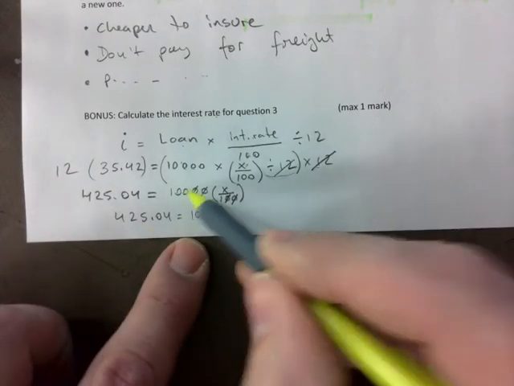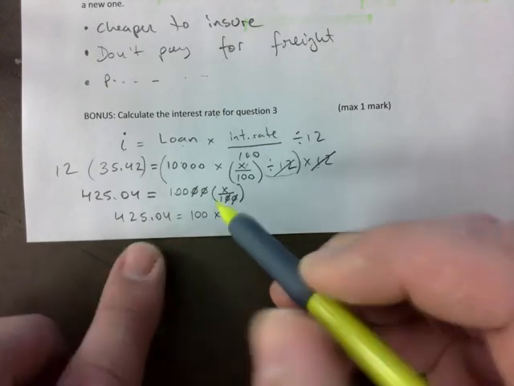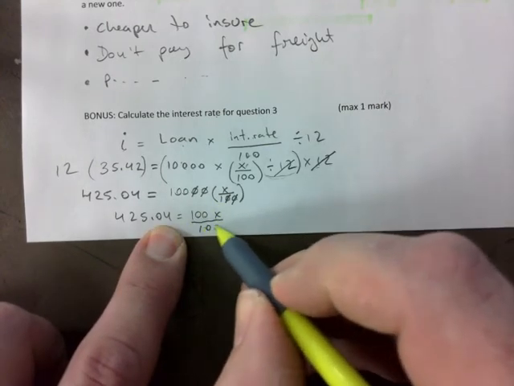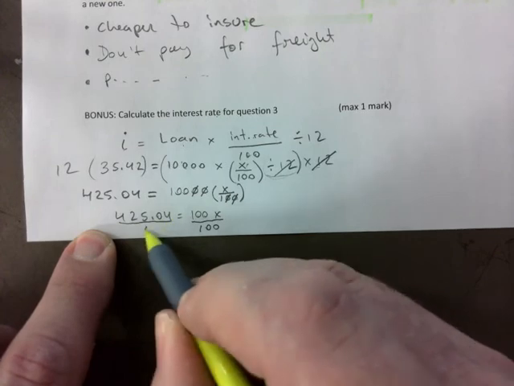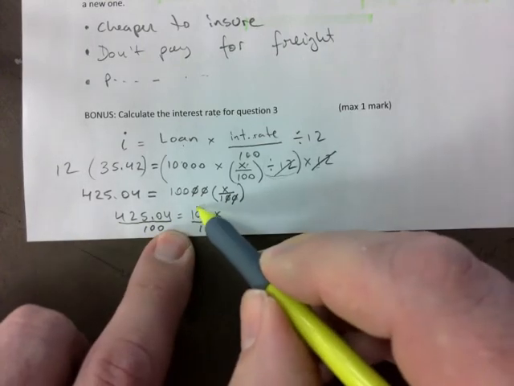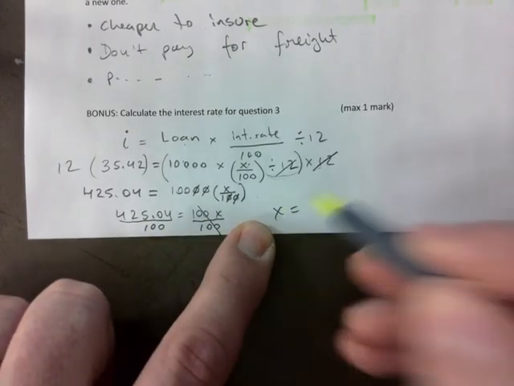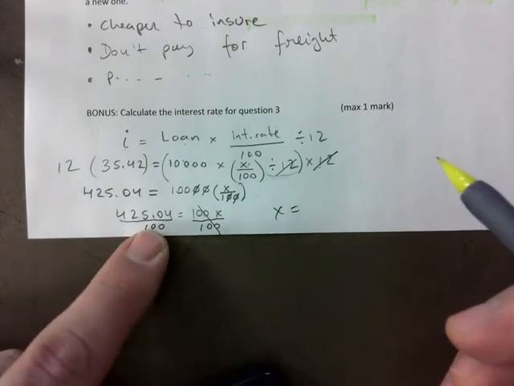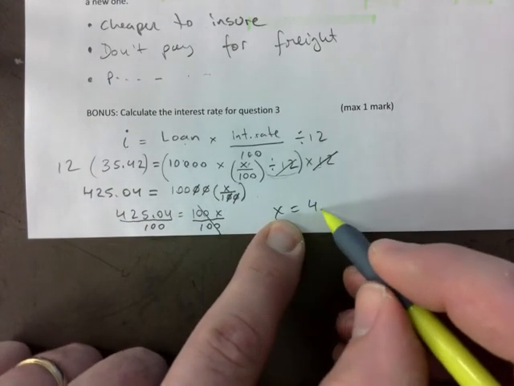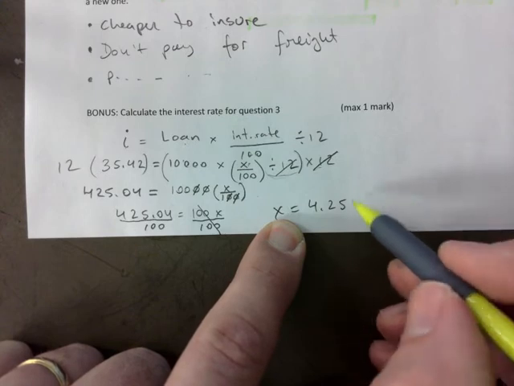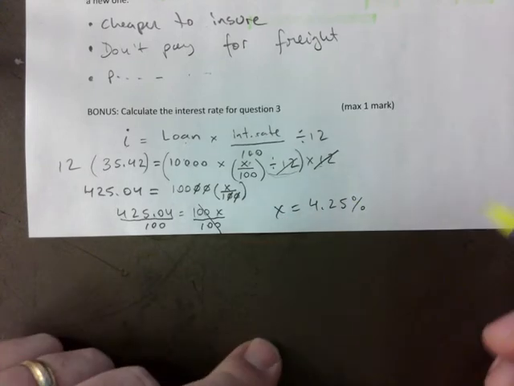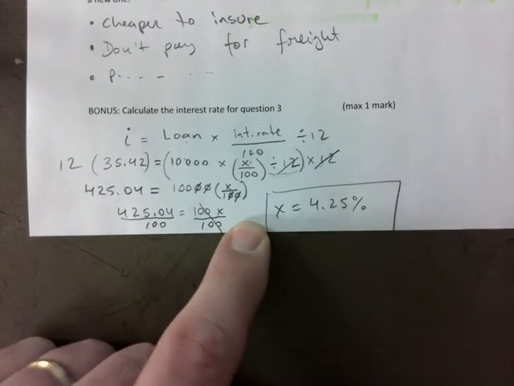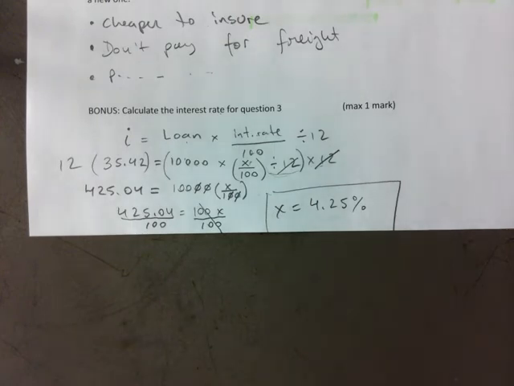So you're really left with 100 times X, which is 100X. So then you need to divide both sides by 100, and then you can cancel these two. So X is equal to, you just shift the decimal 2 places, right? That's 4.25%. If you got that, plus 1.